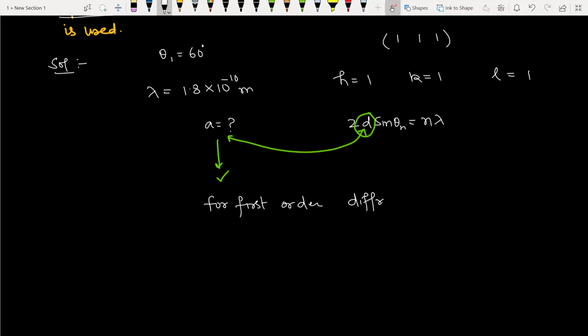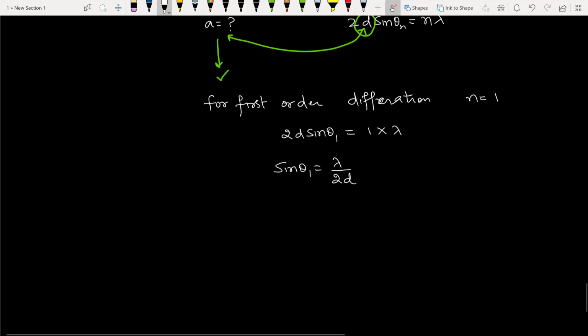For first order diffraction, small n is equal to 1. So 2d sine theta 1 is equal to 1 into lambda. So d is equal to lambda upon 2 sine theta 1.